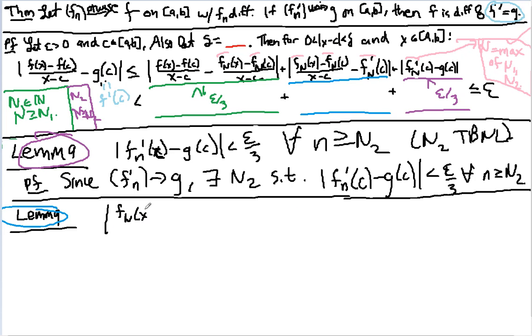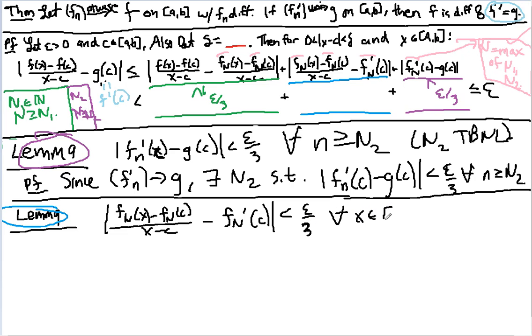I'm going to prove that f sub n of x minus f sub n of c over x minus c, minus fn prime of c, is less than epsilon over 3 for all x belonging to the interval a, b, such that x minus c is within delta of each other, where delta is to be named later in the following proof.